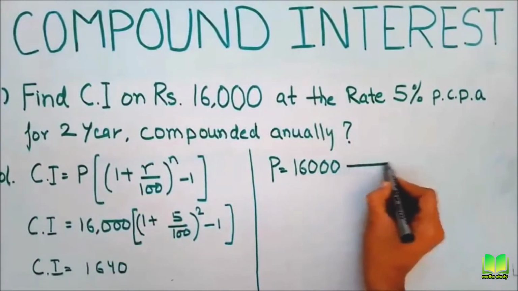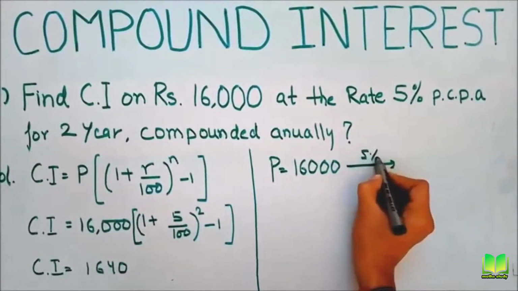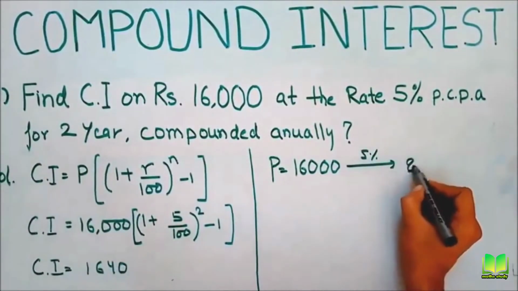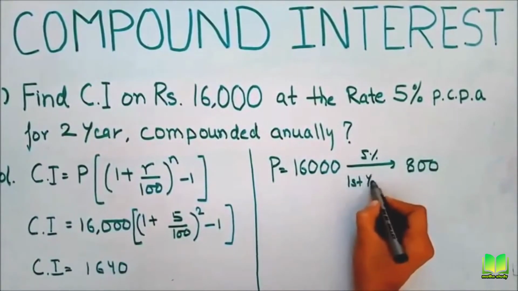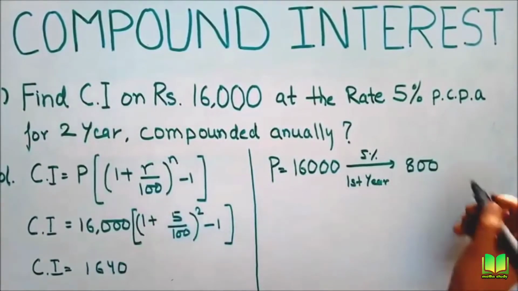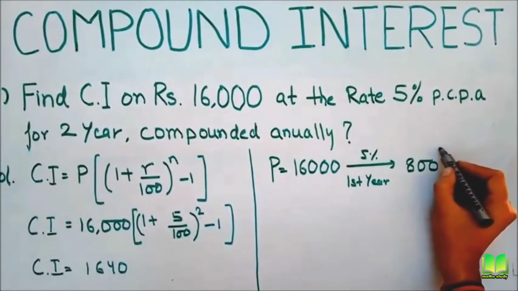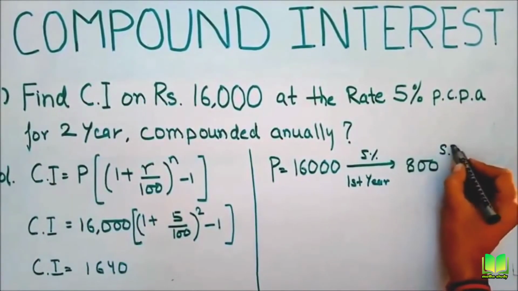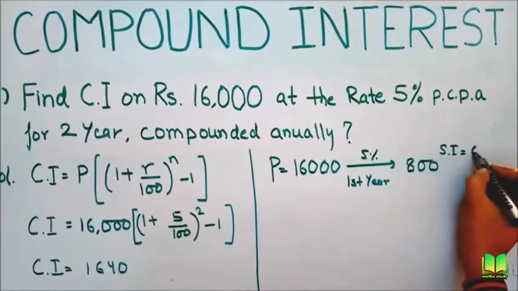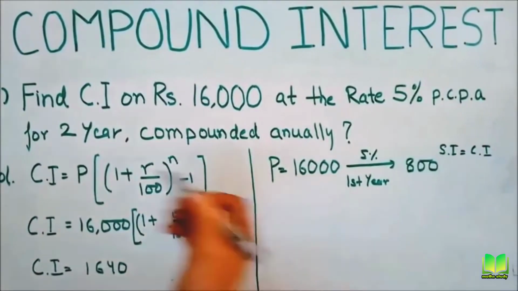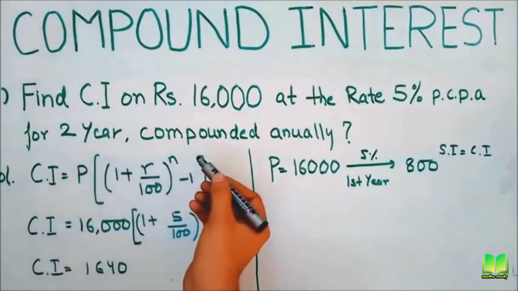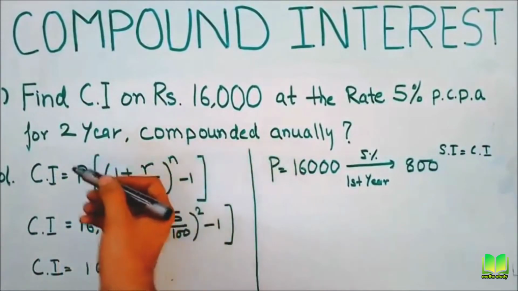Now calculate 5% of 16,000, that is 800 for the first year. Now remember that I told earlier that for the first year simple interest is equal to compound interest. Here we have to find the answer compounded annually for 2 years.